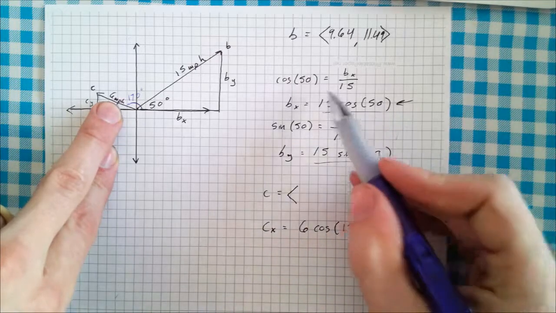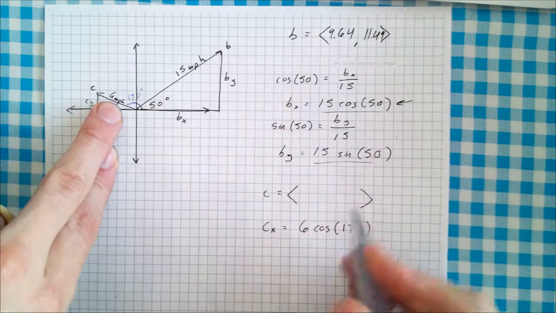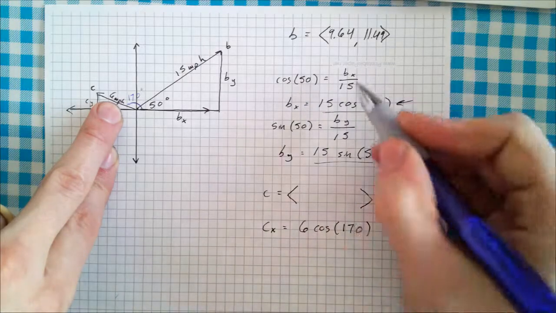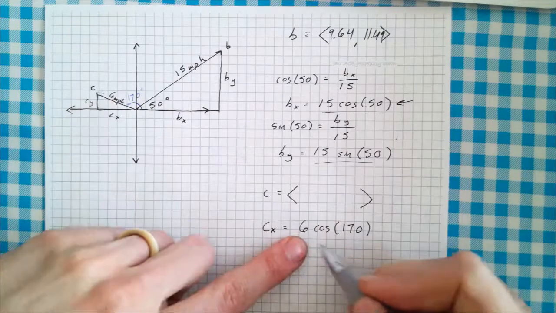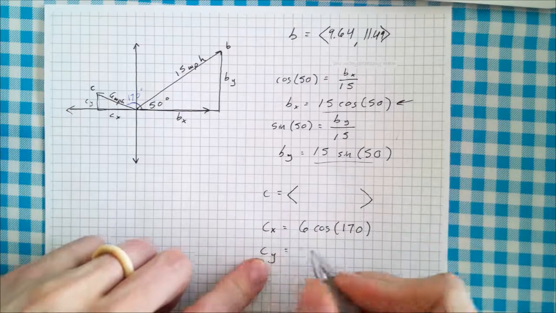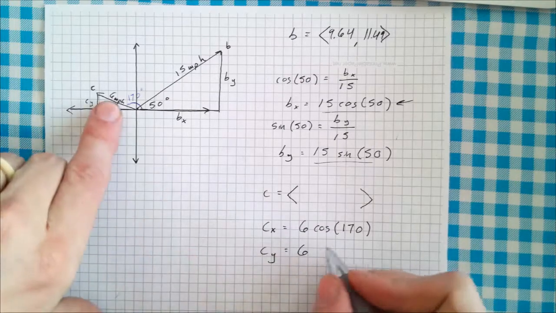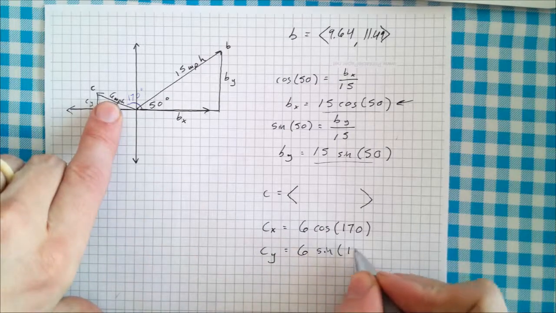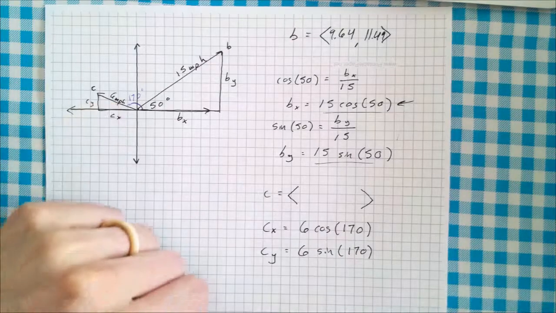Same way we set up our SOHCAHTOA equation: cosine 170 would equal C sub x over 6. We'd multiply both sides by 6 and we'd get this. And for the same reason, we know C sub y is 6, which is our hypotenuse, times the sine of 170.